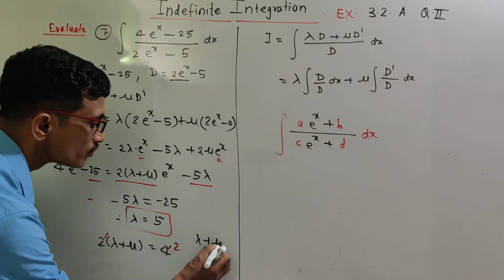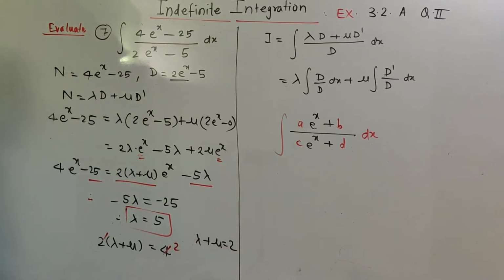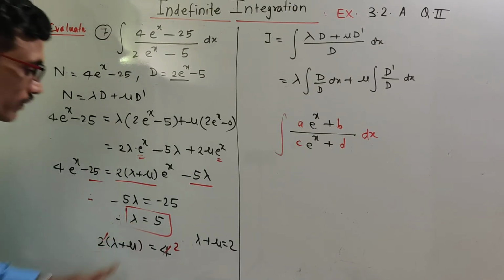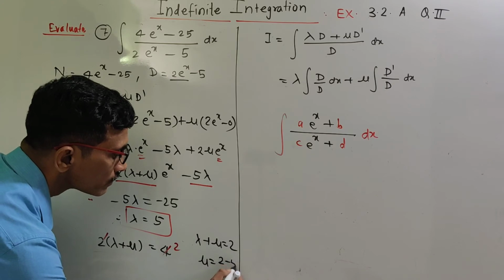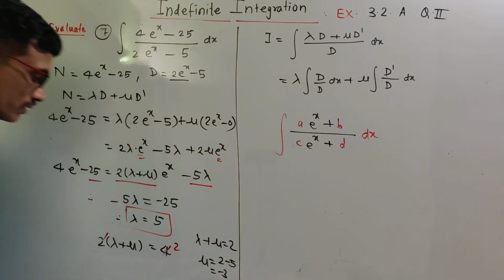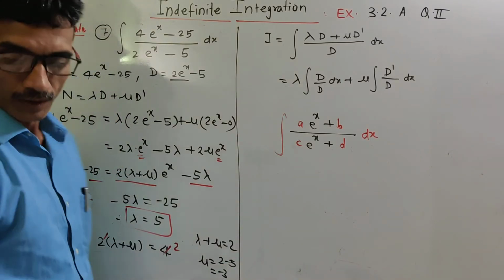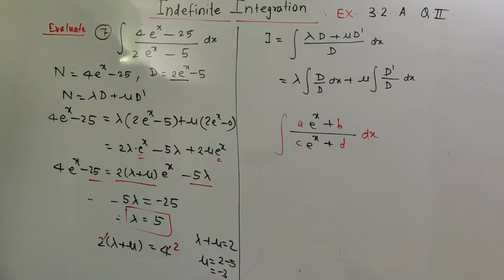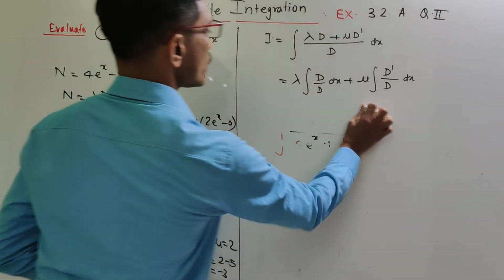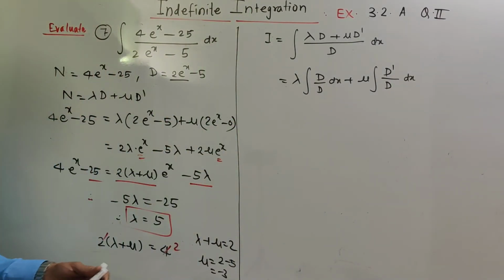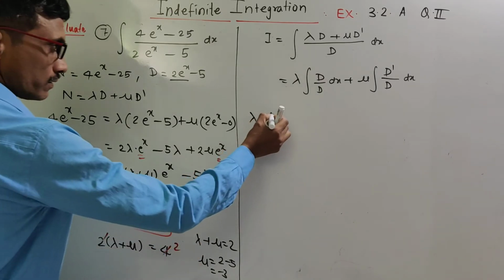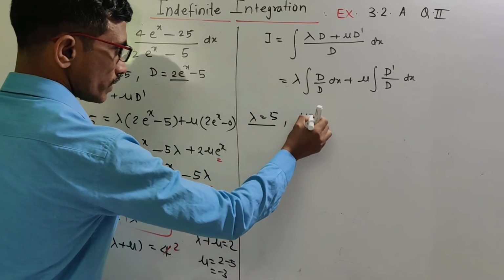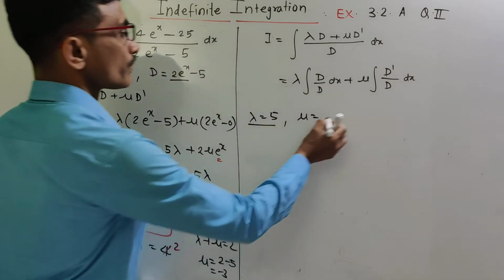Lambda plus mu is equal to 2, but our lambda is 5, therefore mu is equal to 2 minus 5, which is minus 3. You are getting lambda is equal to 5 and mu is equal to minus 3. Now once we are getting lambda and mu, lambda is equal to 5 and mu is equal to minus 3.